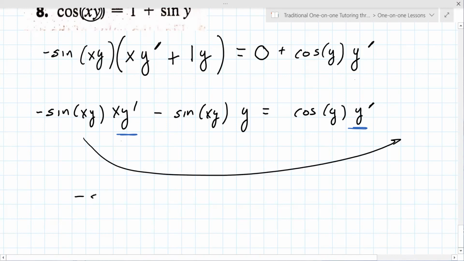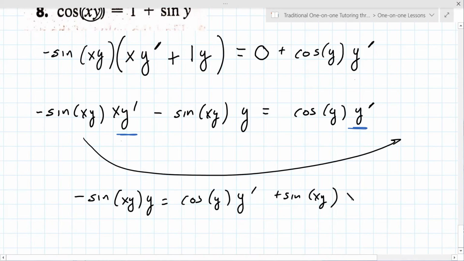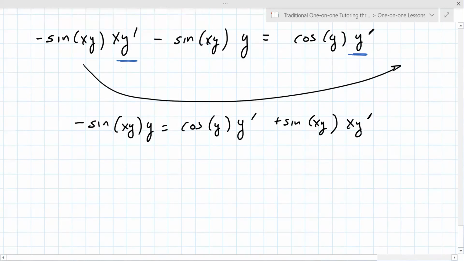So this gives me minus sine xy times y equals cosine y prime plus sine xy prime. And this is a common thing to do. So now that they're on the same side, you factor out the y prime. And that gives you, it's a lot of writing.